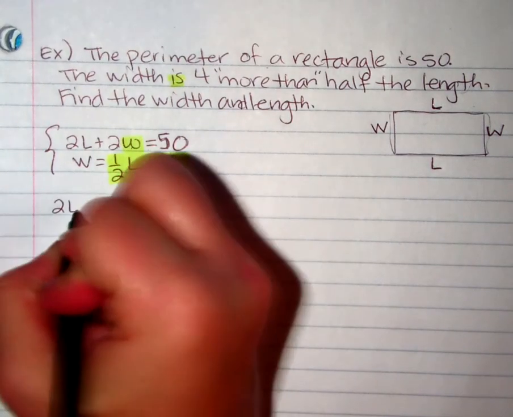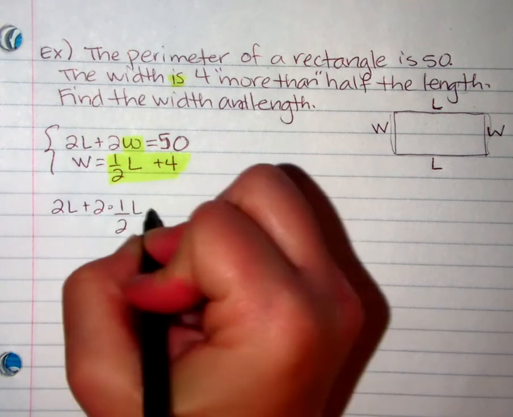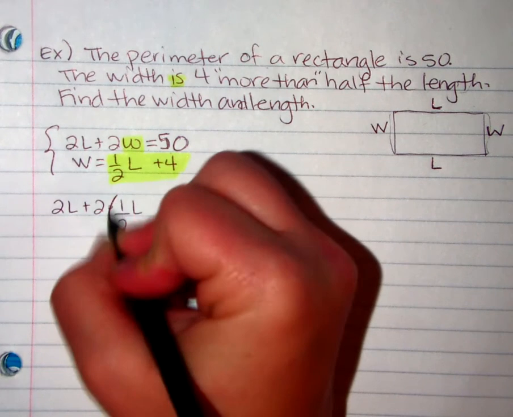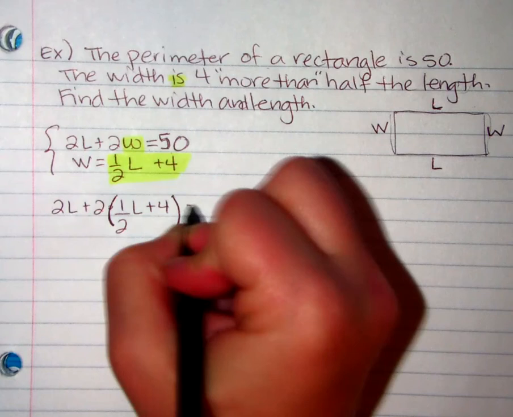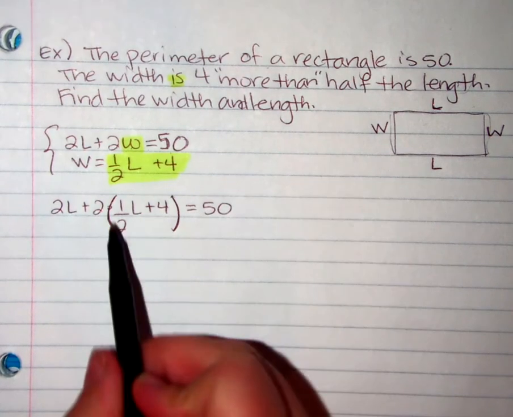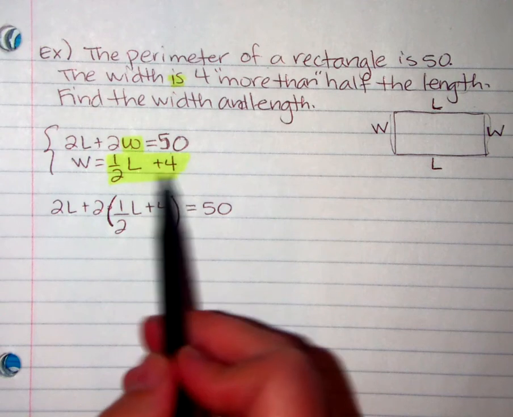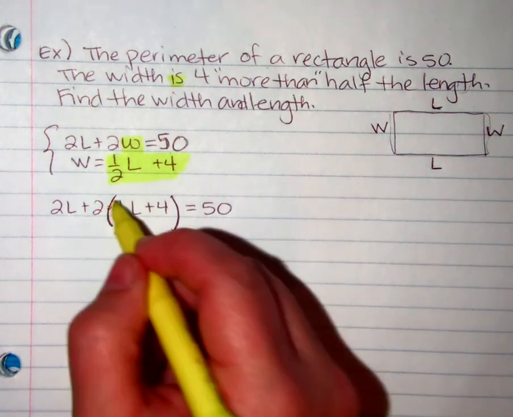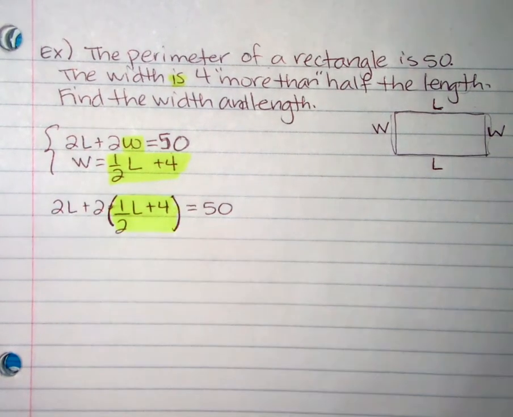So 2L plus 2 times the 1/2 L plus 4, with parentheses, is 50. Be careful, I almost forgot my parentheses here, and if I had forgotten them, I would have forgotten that I need to distribute to this 4. So we want to make sure that everything that we are expressing for W gets plugged in for W.